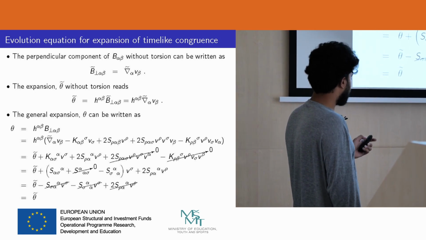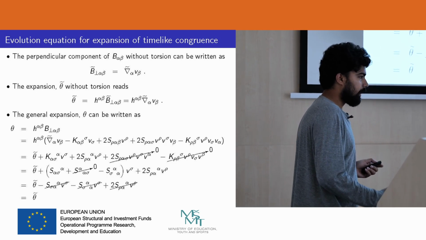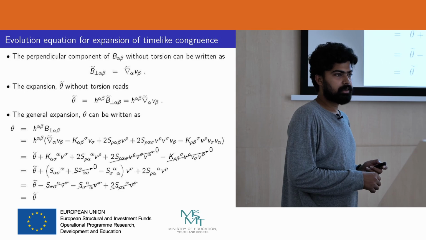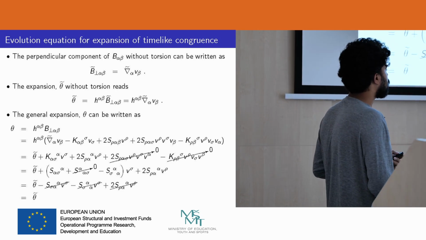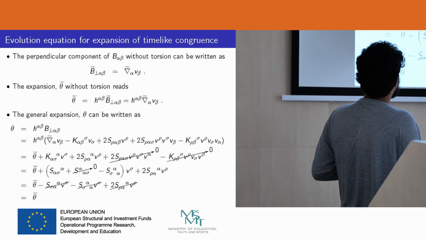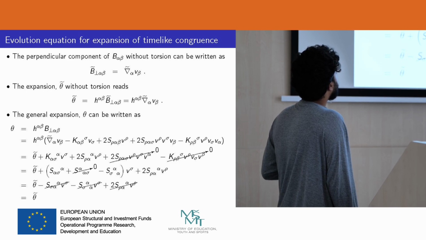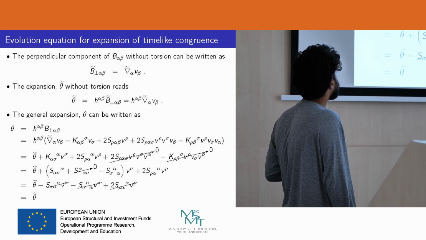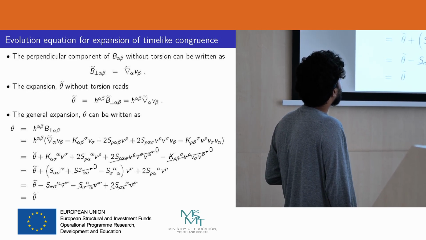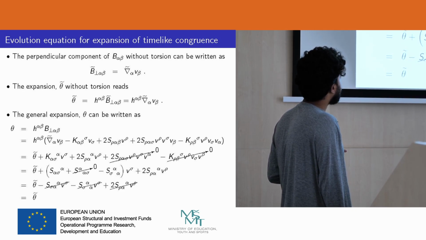It is the trace of this tensor, and although there are extra degrees of freedom due to torsion, these scalars are not affected by the presence of extra degrees of freedom which are tensorial in nature. That is worth mentioning. So if we calculate the trace, then we have here this theta tilde.